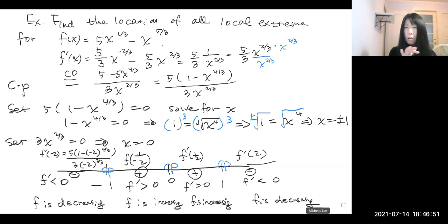If there is the same sign, then nothing changes, right? Decreasing, increasing, decreasing, increasing, like that. So this is the local min. And this is a local max.